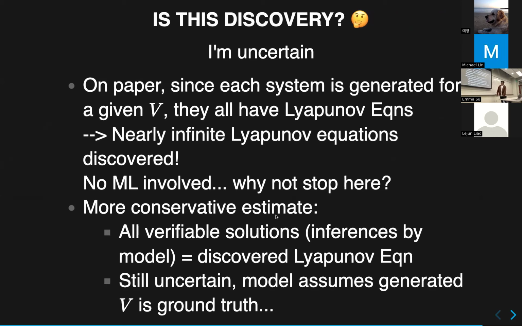Okay, so this is a discussion of whether this is actually discovery. Based on the generation scheme, it seems like they can generate an infinite number of Lyapunov equations with their backward generation. I'm sure that doesn't generate all possible Lyapunov functions, and it's not a method to find the Lyapunov function for the dynamical system that you're working with.